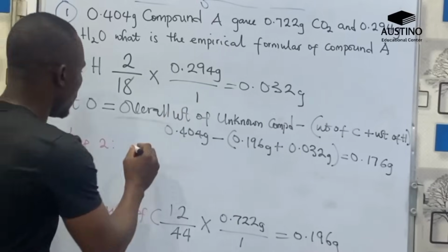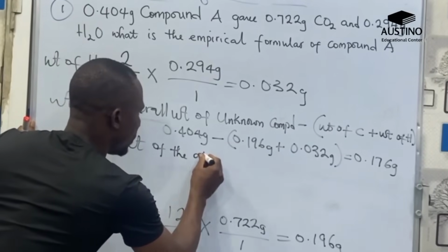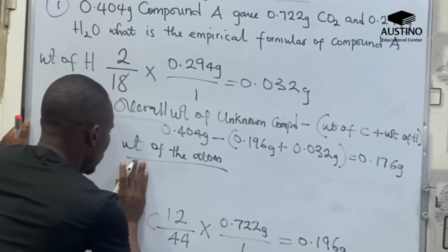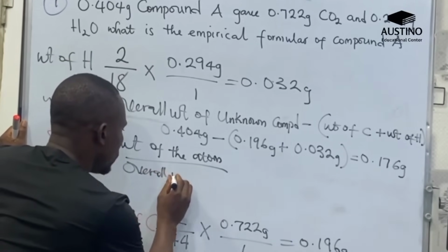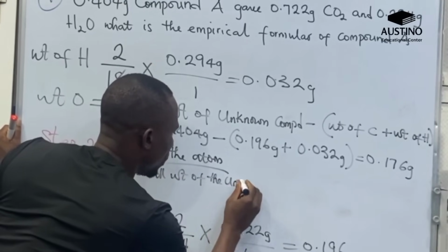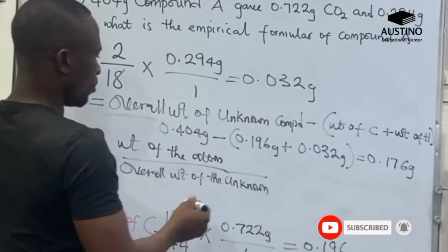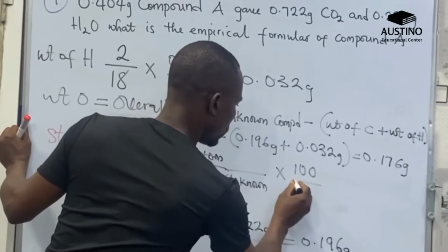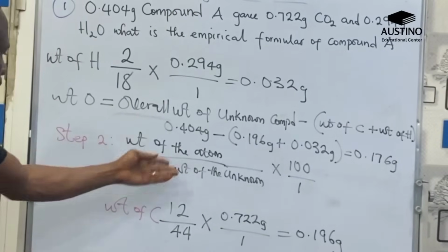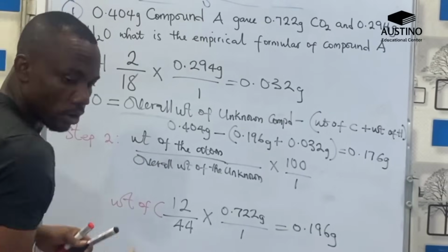Like we previously mentioned, we get the weight of the atom or element all over the overall weight of the unknown compound times 100 over 1, because we are dealing with percentage. So we do that for each of the atoms.